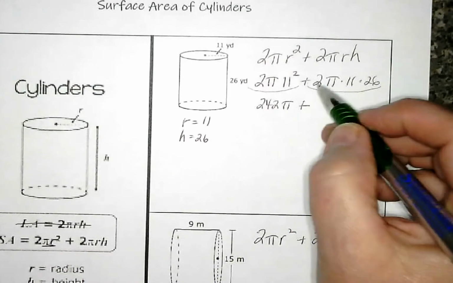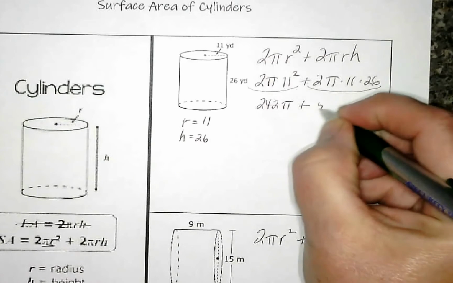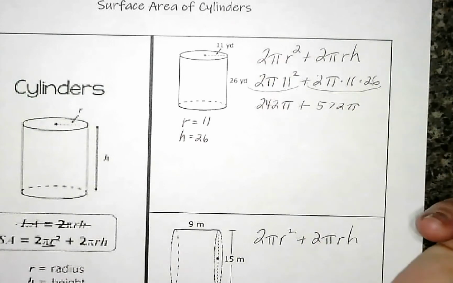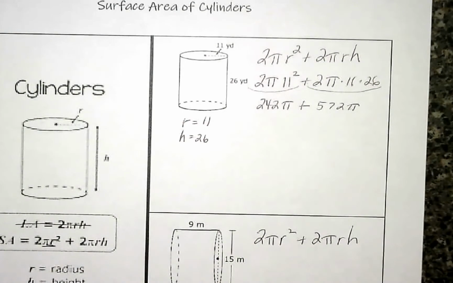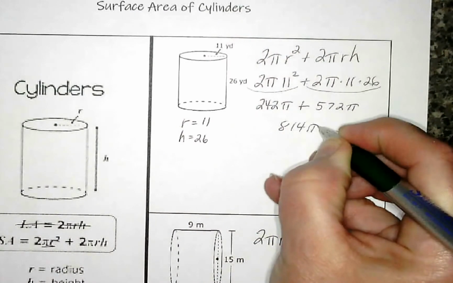I've got these 3 numbers to multiply. 2 times 11 times 26 is 572, and again, I'm still going to have the pi there. Because now, rather than having to multiply and deal with all those decimals, I still have it just as pi. So just like with x, I could say 242 pi plus 572 pi is 814 pi.